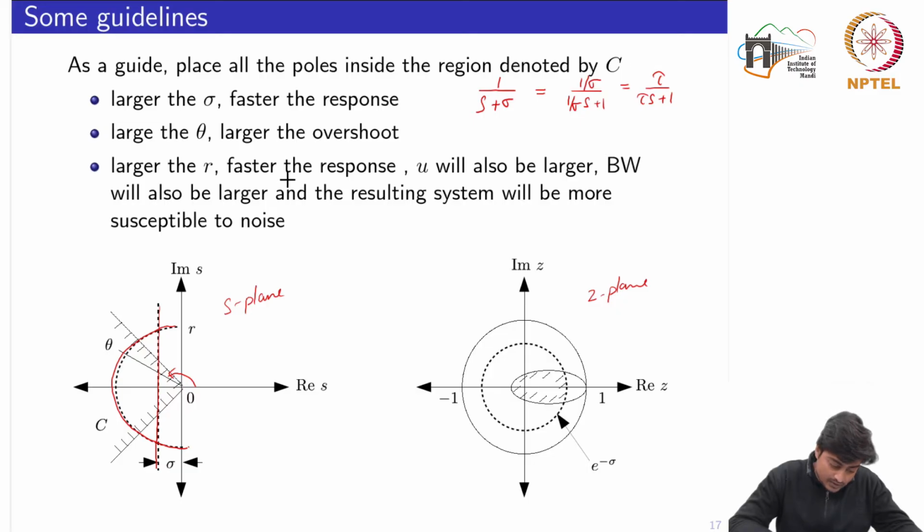So it is obvious that the larger the r, the faster the response would be, and u would also be larger in that particular case. At the same time, bandwidth will also be larger, and the resulting system will be more susceptible to noises. Okay? So this is in the S plane, and equivalently it is drawn in the Z plane.